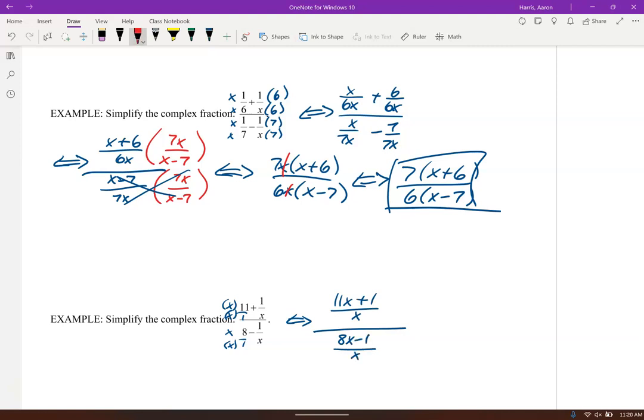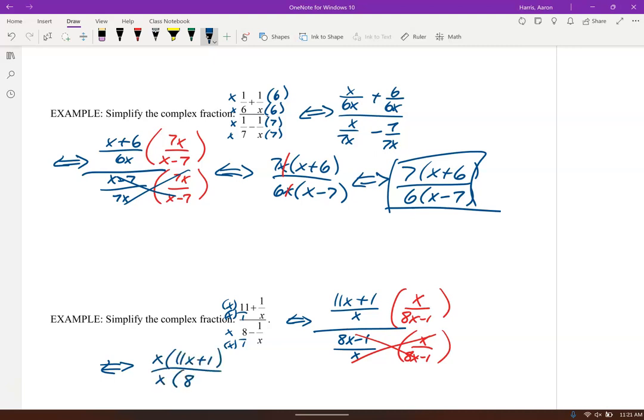Again, I've got a fraction over a fraction, so let's multiply by the reciprocal. So this becomes x times 11x plus 1 over x times 8x minus 1. Notice our x's cancel. And so we just got 11x plus 1 over 8x minus 1.